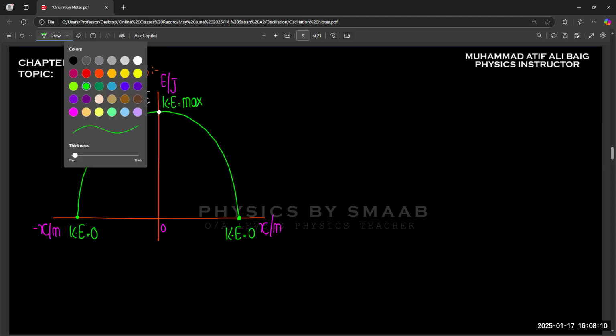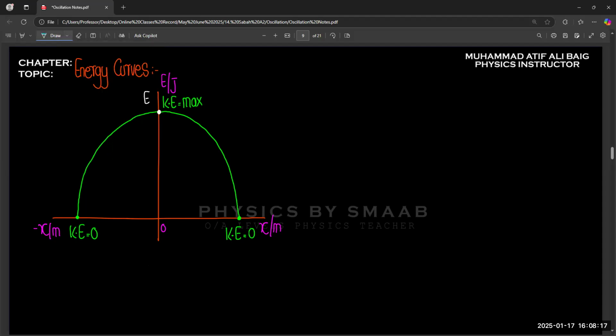And if we draw the same form of the diagram for potential energy, we need to select the point 0 at the bottom, because potential energy equals 0 at mean position and is maximum at both extreme positions.